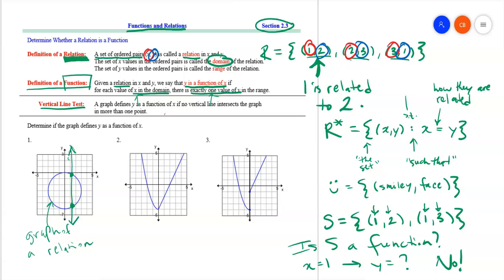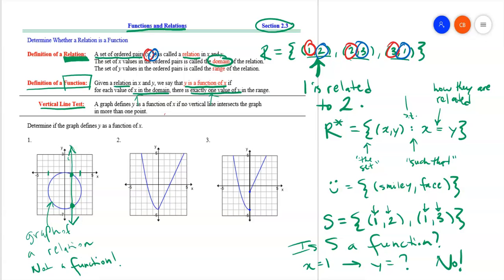And of course it's not, because for every x value from -3 up until 3, every x value in between there has 2 corresponding y values. So it is not a function. Not a function. It fails the vertical line test.